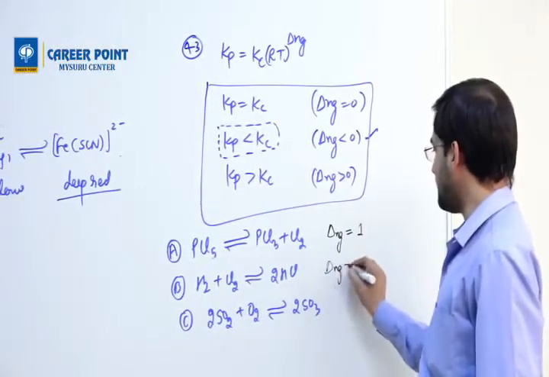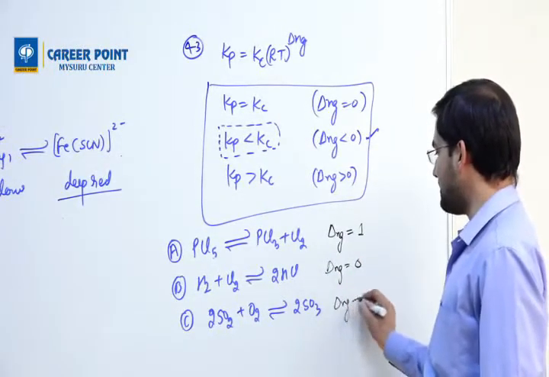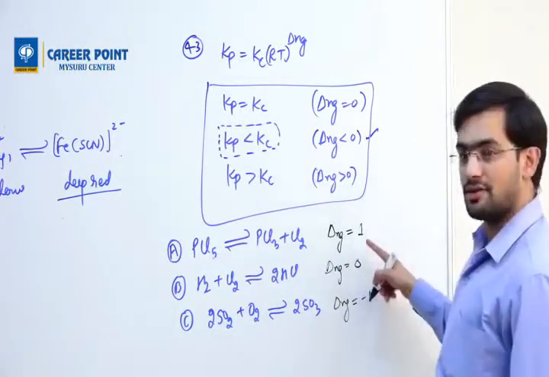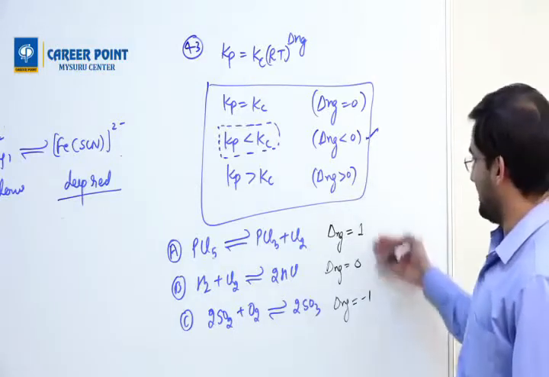Here delta Ng will come as 0. Here delta Ng will come 2 minus 2 minus 1, so minus 1. Positive, 0, negative. So these all three cases are there.